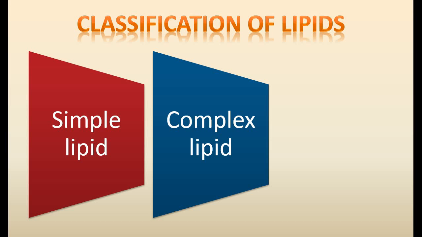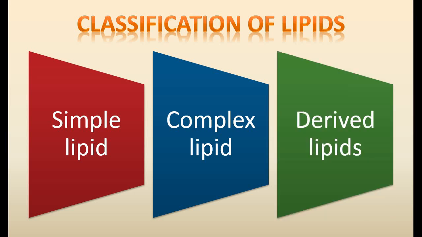Now the third classification is the derived lipids, the fatty acids that can originate from the simple and compound lipids by hydrolysis. Cholesterol, bile acids and the sex hormones are examples of derived lipids. So this is the classification of lipids.